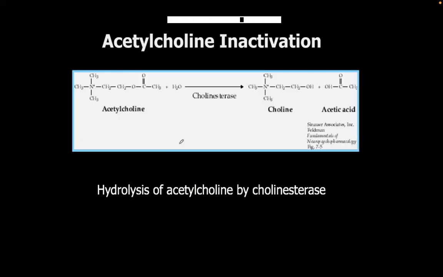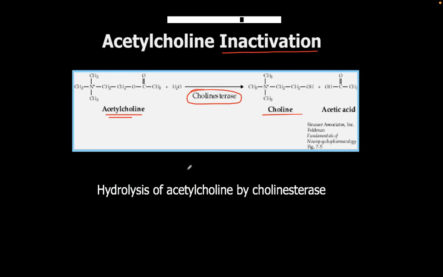Now, tip: if they don't use the term degradation, they're going to mention the term inactivation. So acetylcholine is broken down, inactivated, or degraded to choline and acetic acid. So this is where cholinesterase or acetylcholinesterase comes in. This is, of course, a reaction of hydrolysis.